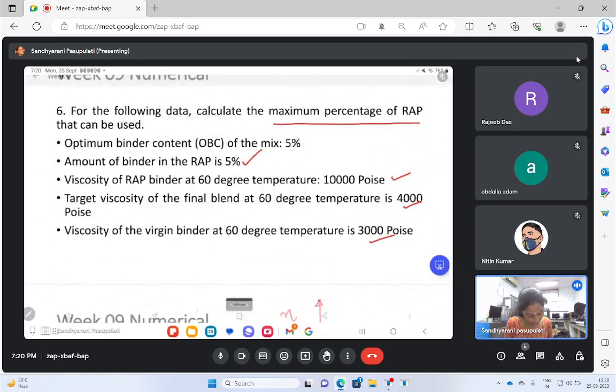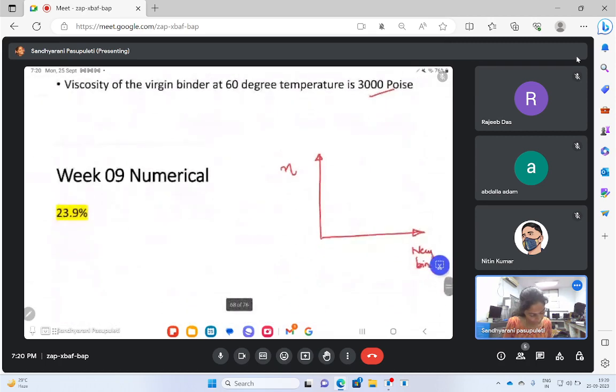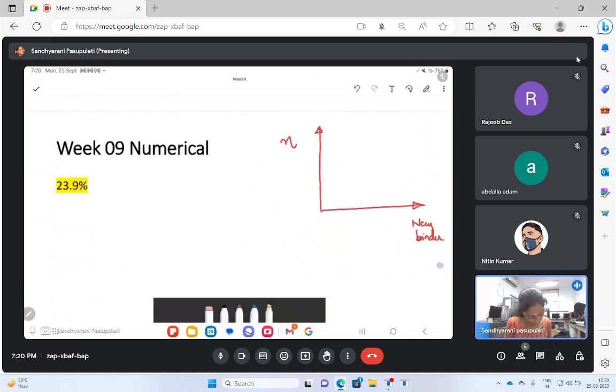Viscosity of RAP binder at 60 degrees is given as 10,000 poise. As I have mentioned previously, RAP 100% is represented here, so the RAP viscosity corresponding to that they have mentioned as 10,000.